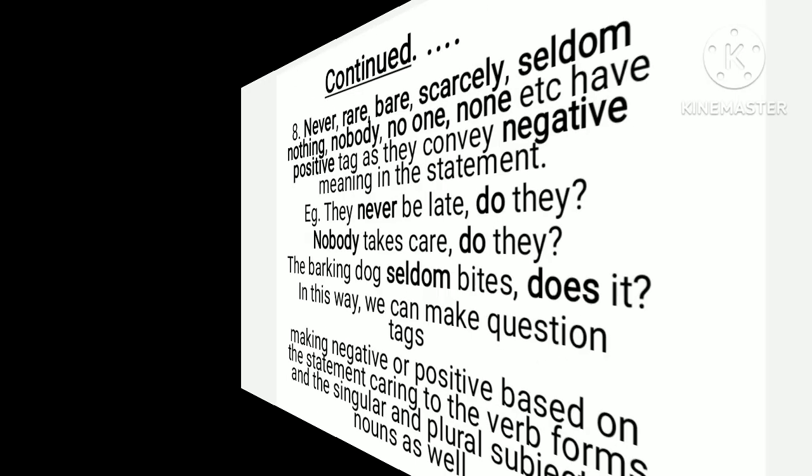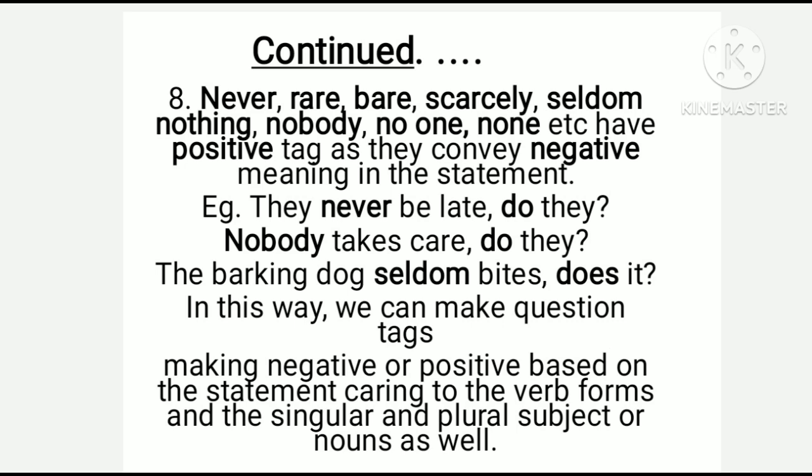And there is a next rule that is a little unique, a little special. That means for negative words, negative time adverbials or negative meaning words, we make a positive tag. There are some negative words such as never, rarely, barely, scarcely, seldom, nothing, nobody, no one, none, etc. They have a positive tag as they convey negative meaning in the statement.